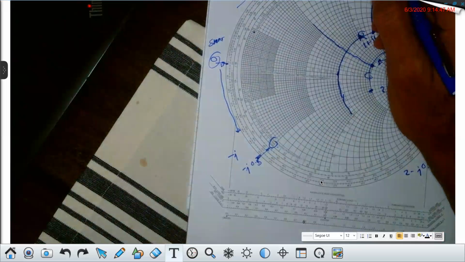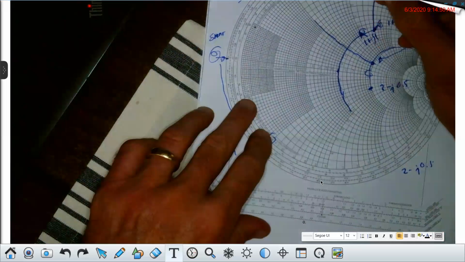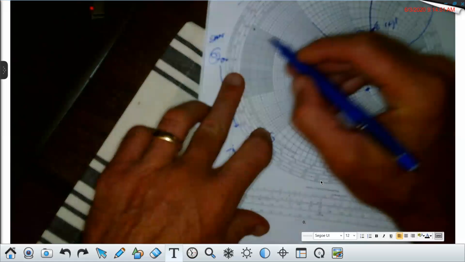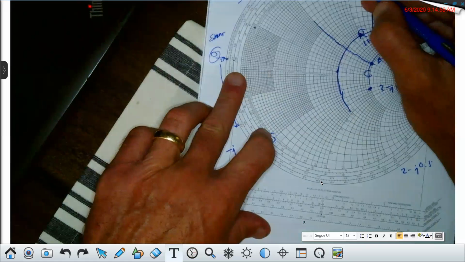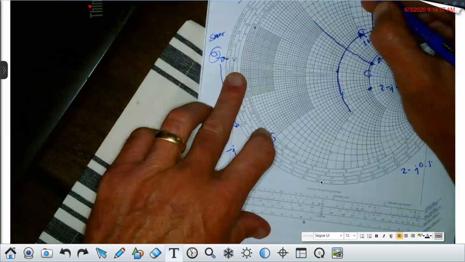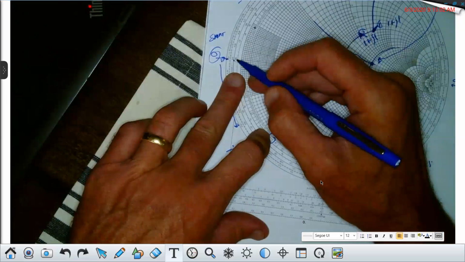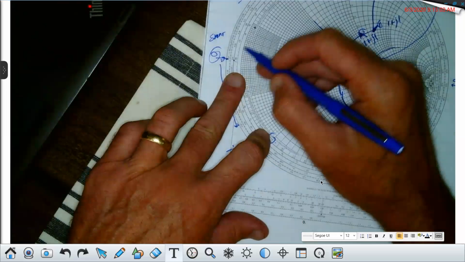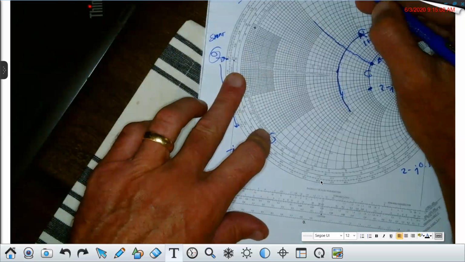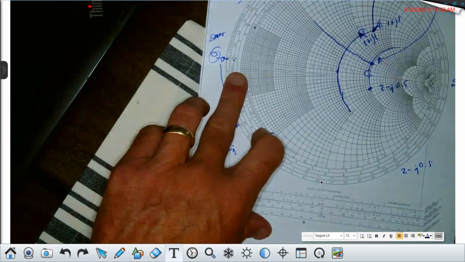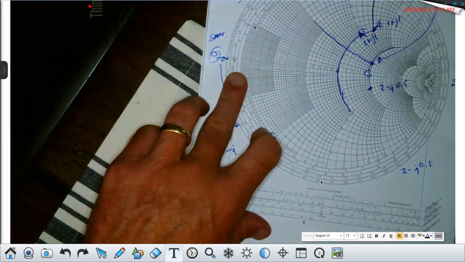If you wanted to get j1, for instance, you would move from 0 to this point, and that would be 1/8 of a wavelength. You can check that. I know if I move all the way around here, it's a half wavelength. If I move a quarter of the way, it would be 1/8 of a wavelength. And that's the basis of impedance matching with a series stub.